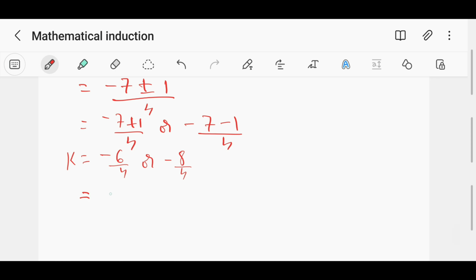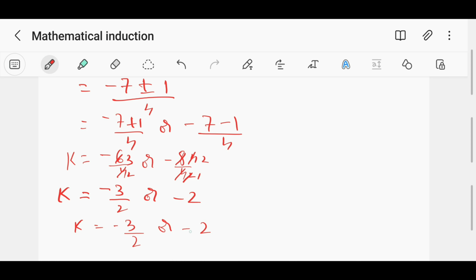So this is equal to minus 3 by 2, or minus 2. So here you have k as minus 3 by 2 or minus 2.